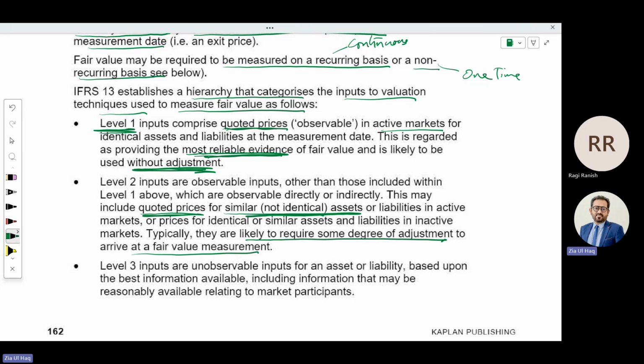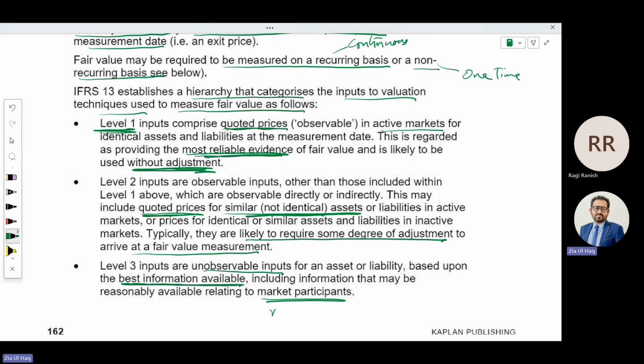What is level three? The inputs are unobservable inputs for an asset or liability, based upon the best information available. I mean, not quoted prices, but based on information from the market, including information that may be reasonably available relating to market participants.